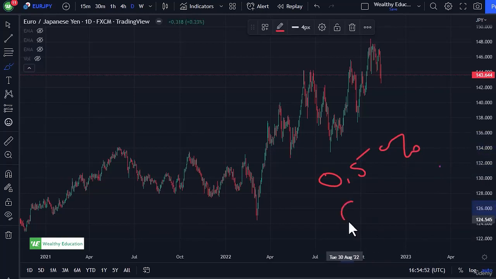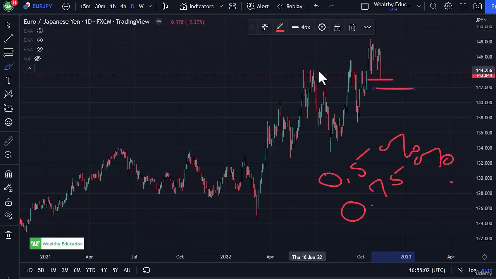You may find that you are very uncomfortable with 75 basis points, or 0.75% risk, between your entry and your stop loss.